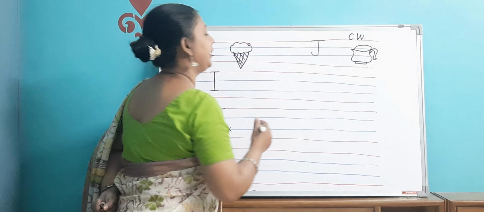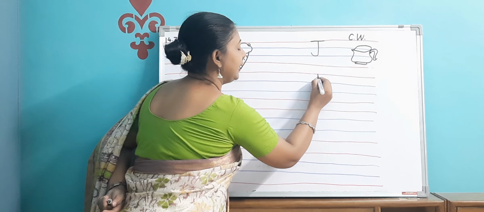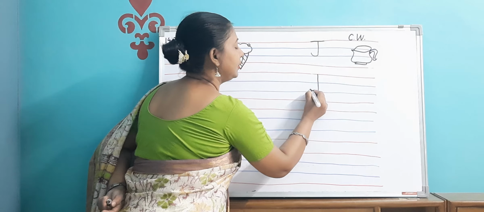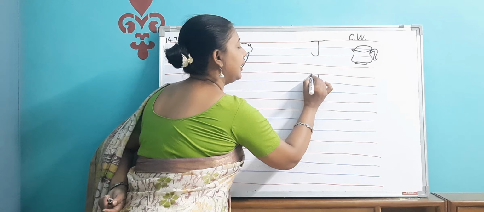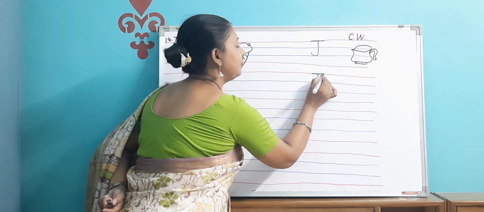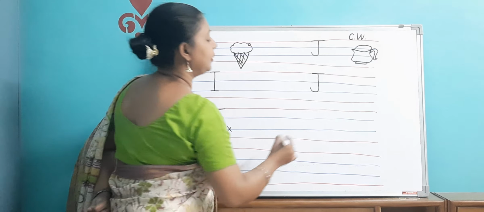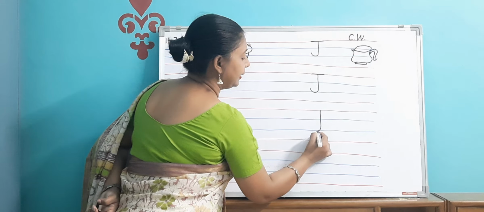J, jug. Again, come back to the first line. On this next line, from the first line till the third line, you will draw a standing line and make a curve like this, and come back to the first line and draw a sleeping line. This has become J. Once again watch here, a standing line and a curve over here.